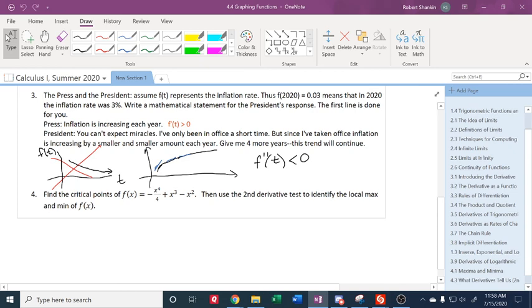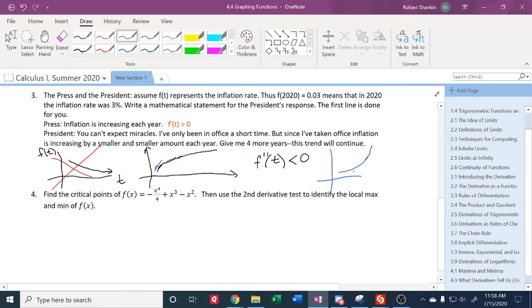If it was going up like this, then not only is inflation going up, but it's going up more and more every year. That would be a worse situation. At least my situation is this, where it's concave down. So although it's a bad situation, it's getting better every year, not getting worse every year.